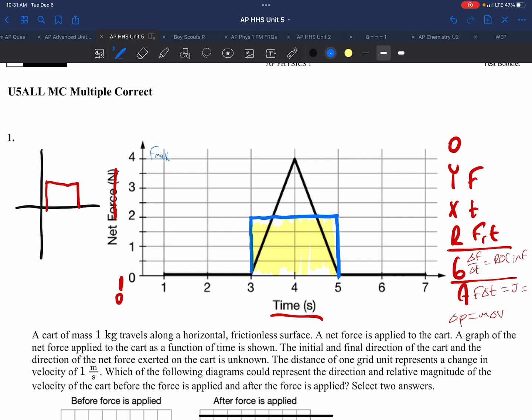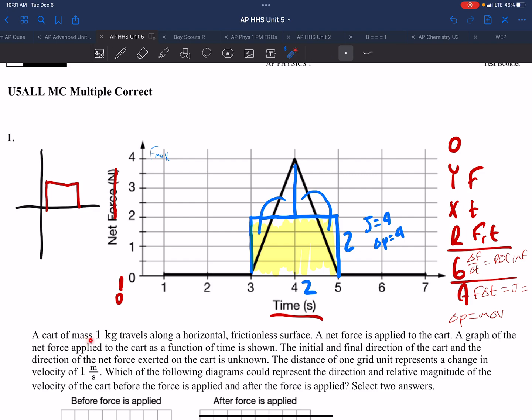And of course, you could see that the area of this triangle will equal the area of that triangle, and the area of that triangle will equal that one. So we are looking at a height of 2 and a time of 2. So we are looking at a J of 4, a delta P equal to 4. So we do all that right even before we read the question.